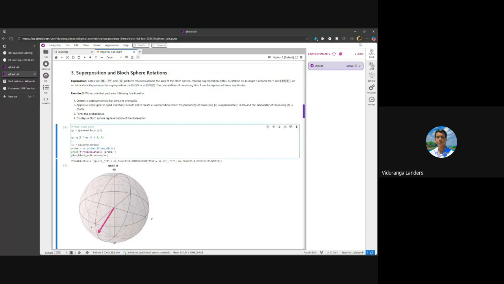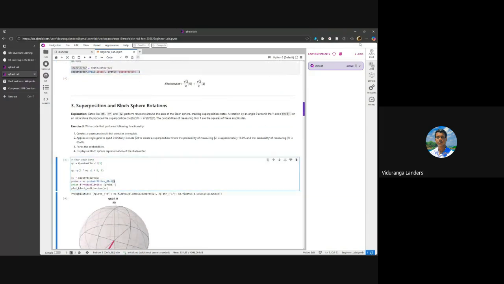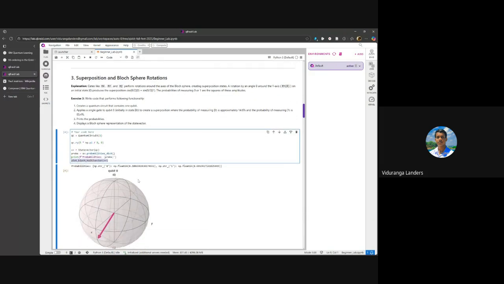Again, I'm using the state vector functionality to get the state vector, and I'm finding the probabilities here. Earlier, I drew the state vector as it is. Now I am finding the squared values of these probability amplitudes. I'm getting those values from this state vector variable, printing them, and finally plotting the Bloch sphere.